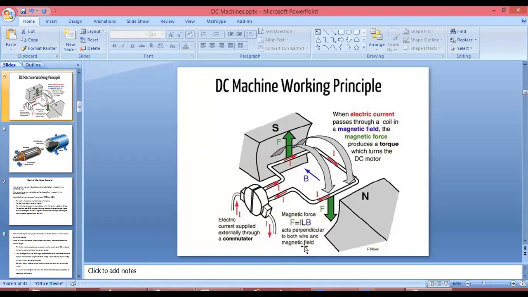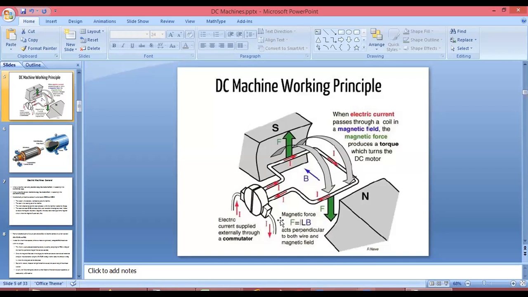Okay, so here we will get the force that is perpendicular to this wire and perpendicular to the magnetic field. According to which law? According to Fleming's right hand rule, because it gives the direction of that current and force.